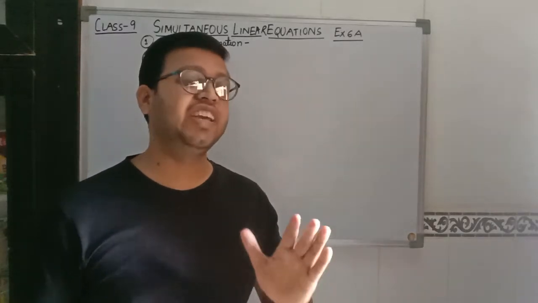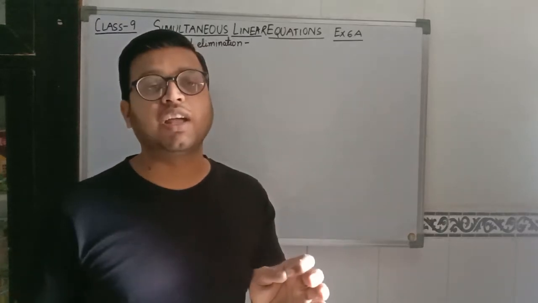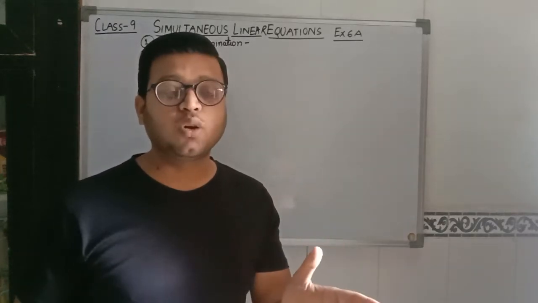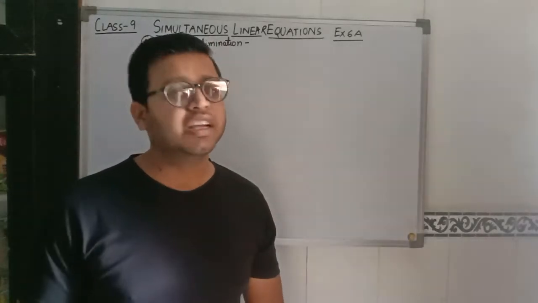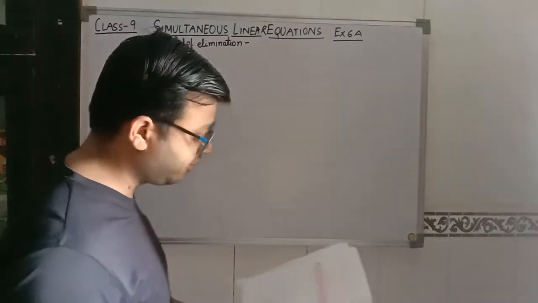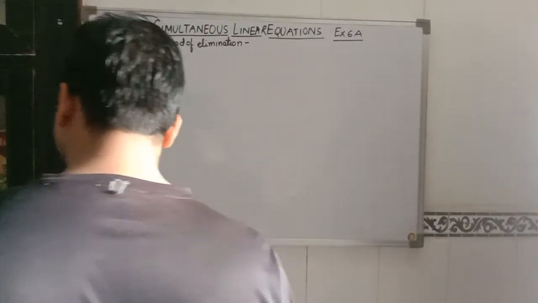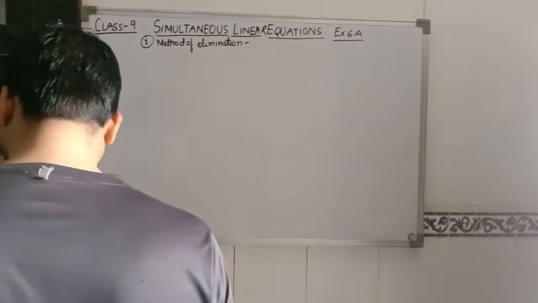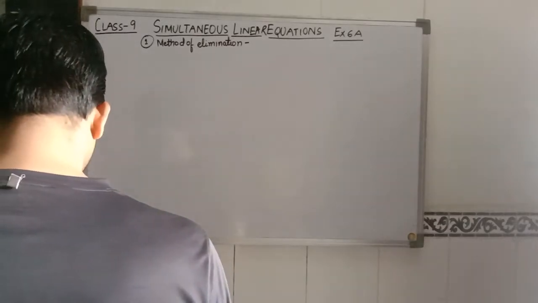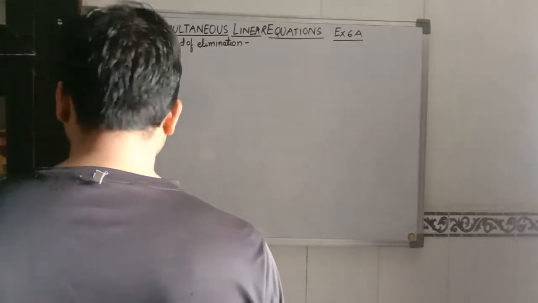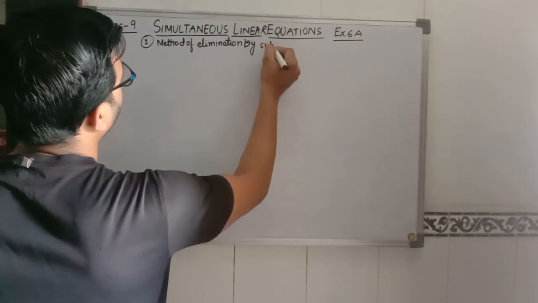First we have to make the coefficients of one of the variables equal, then on adding or subtracting we can cancel them. So just see how we can solve them. Elimination by substitution.